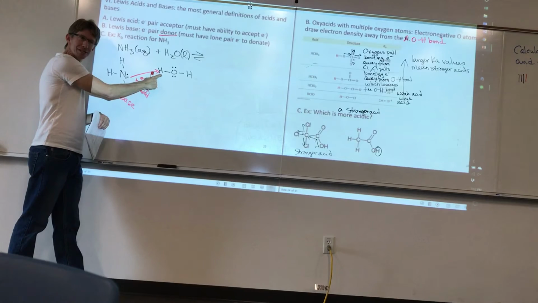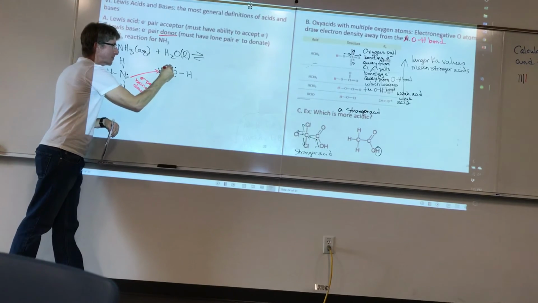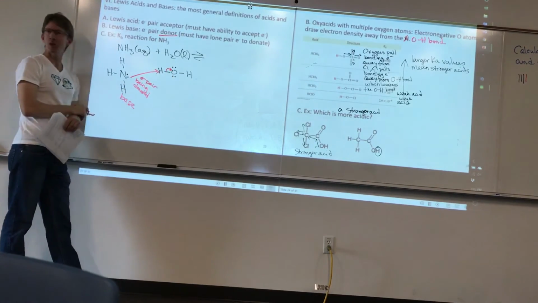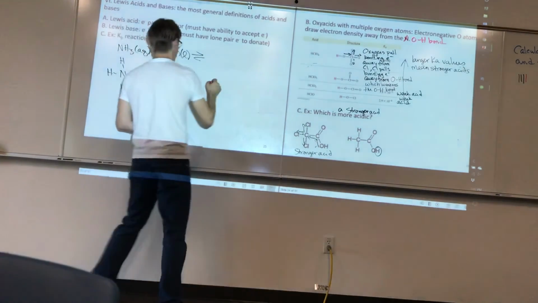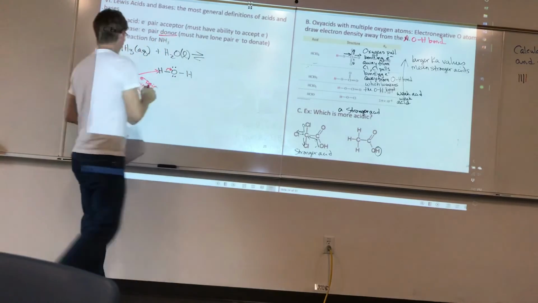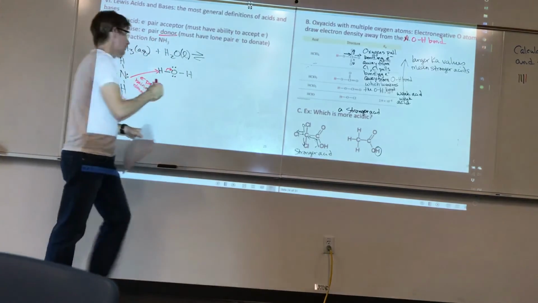How many bonds does hydrogen want? 1. Still always true. That means that these two electrons have to go over to the O. And so these electrons form a bond. We are making NH4 plus.